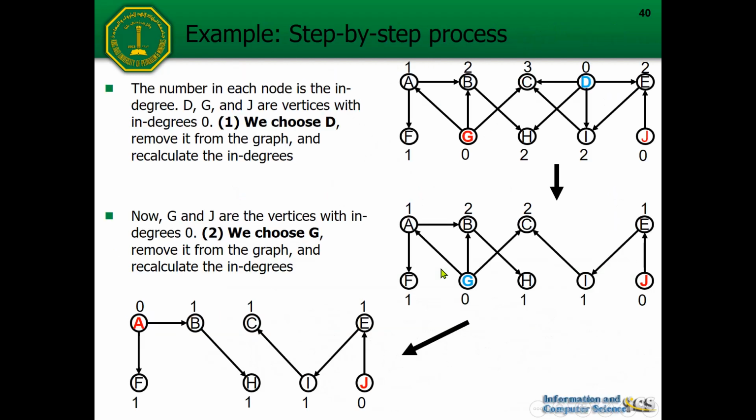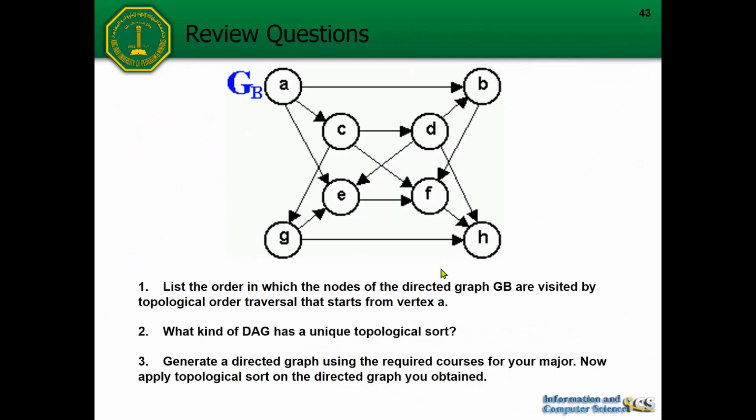Okay, everyone, maybe that's for today. If you have time, you can try to answer this review question. This is not too difficult because we are starting with A. We just take A as the first vertex, remove A, then after that we need to determine the next vertex that has in-degree 0.